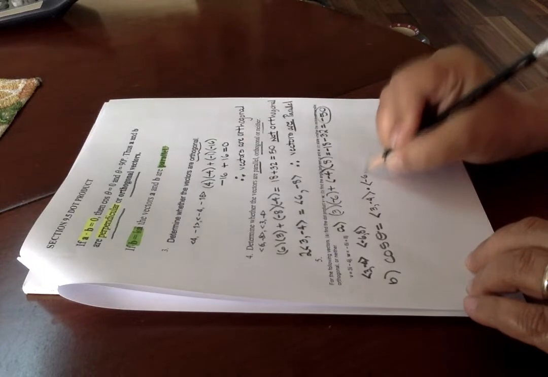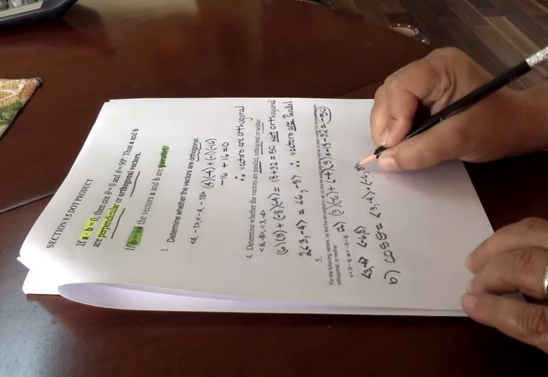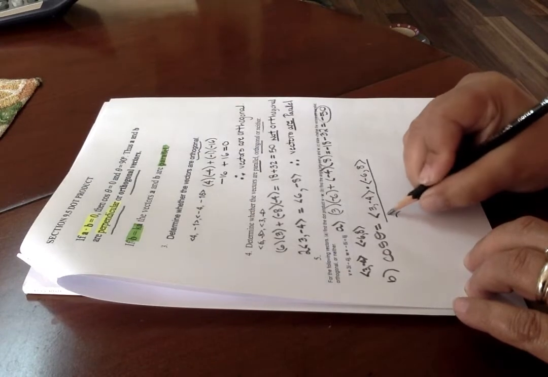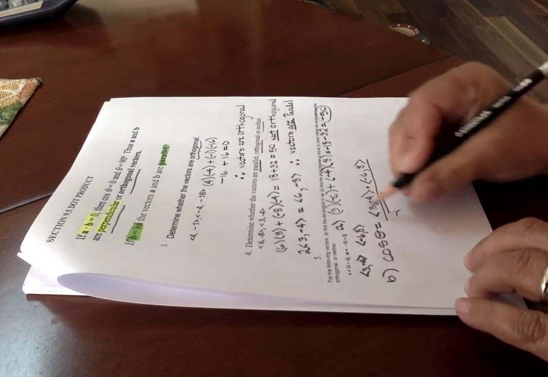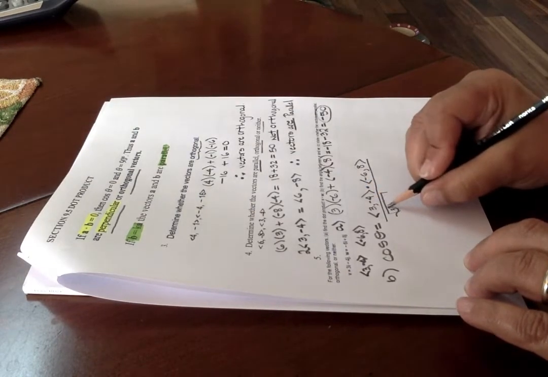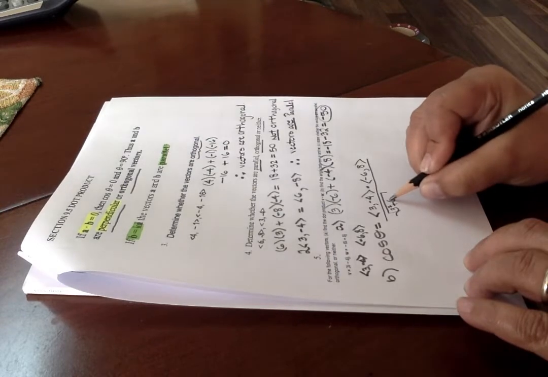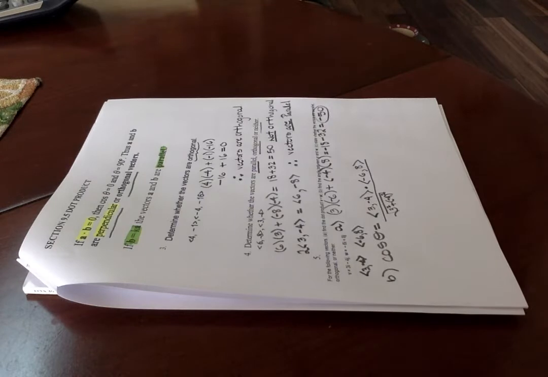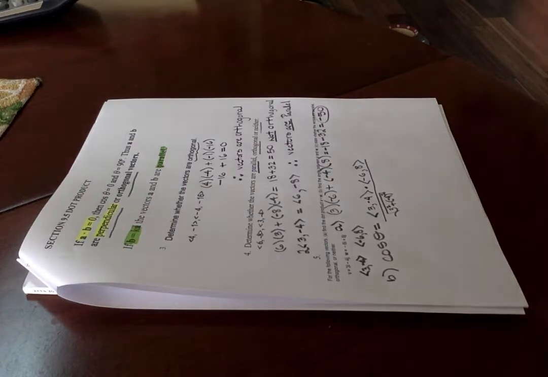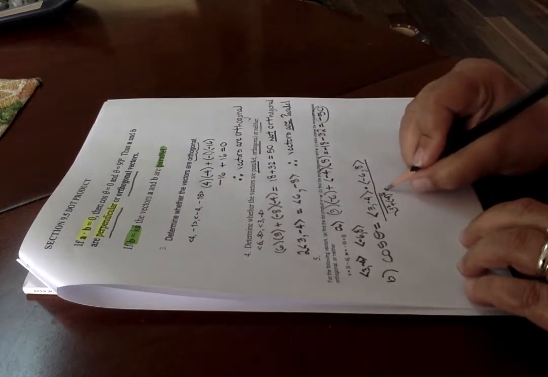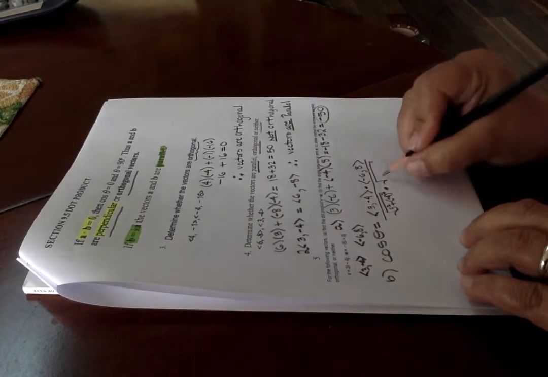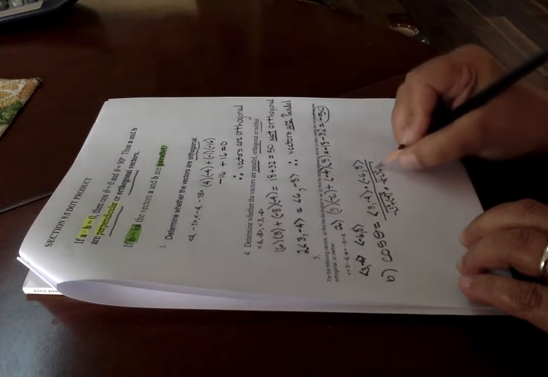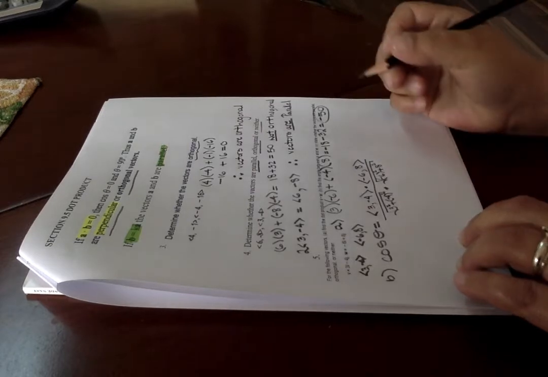But either way. Then in my denominator I do the magnitude. So the magnitude for this vector would be the square root of 3 squared plus negative 4 squared. And then the magnitude of the other vector would be the square root of negative 6 squared plus 8 squared.